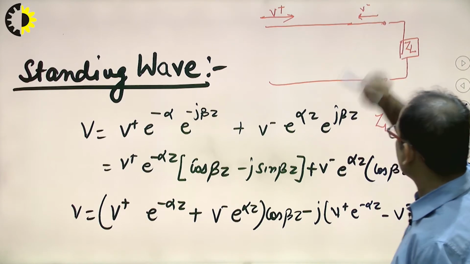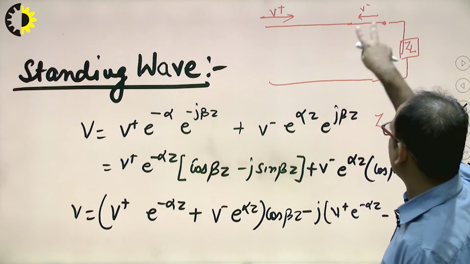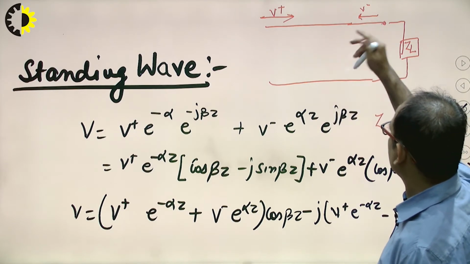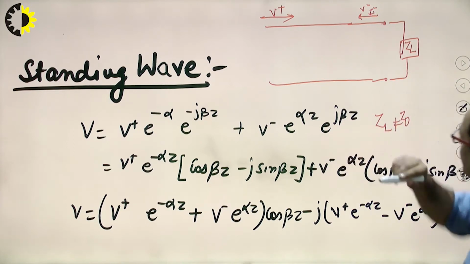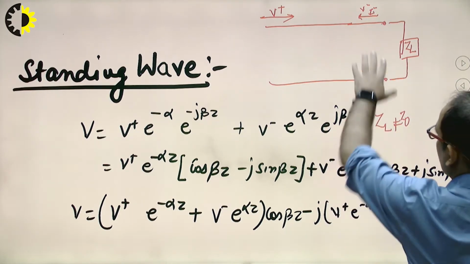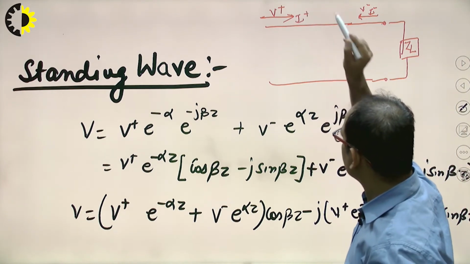The reflected voltage is denoted by V minus, or the reflected current, denoted by this arrow. Clear? And this can also be known as the incident current.